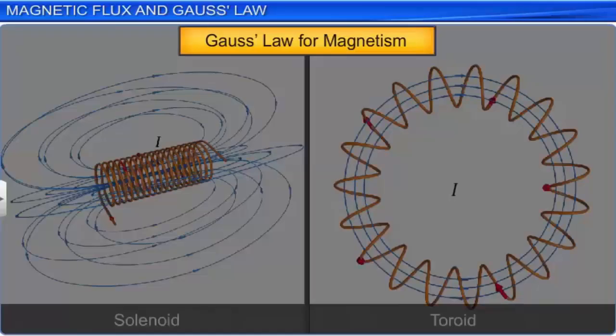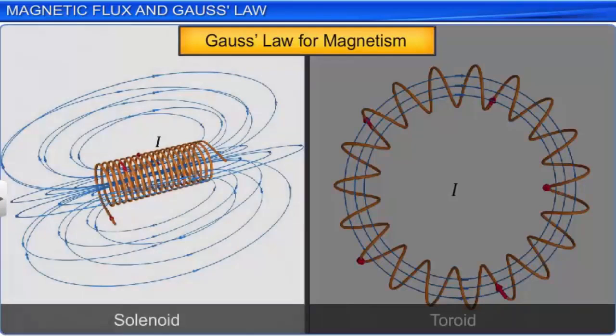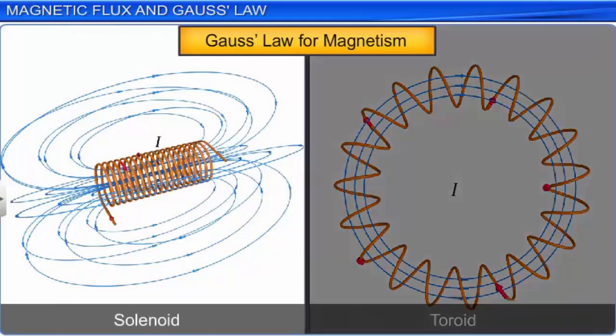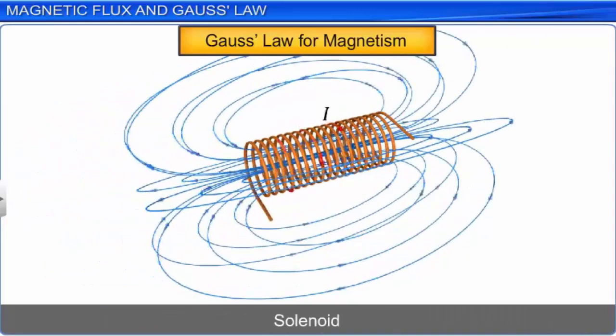For a better understanding, let's discuss Gauss' law for magnetism with some examples, such as a solenoid and a toroid. In the case of a current-carrying solenoid, the magnetic field lines around the solenoid are similar to that of the magnetic field lines due to a magnetic dipole.